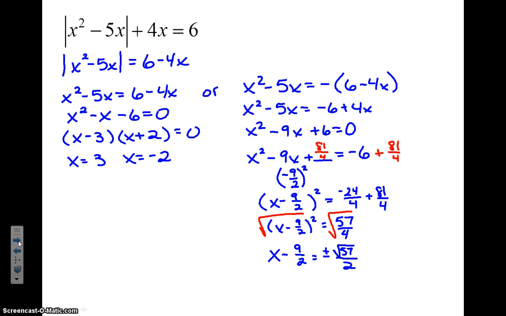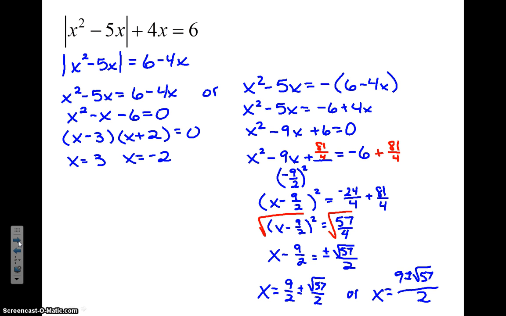And so my final step would be to add 9 halves to both sides. So I have x equals 9 halves plus or minus the square root of 57 over 2. Another way that we could write that is x equals 9 plus or minus the square root of 57 all divided by 2.